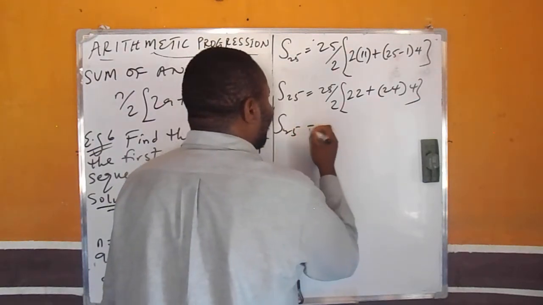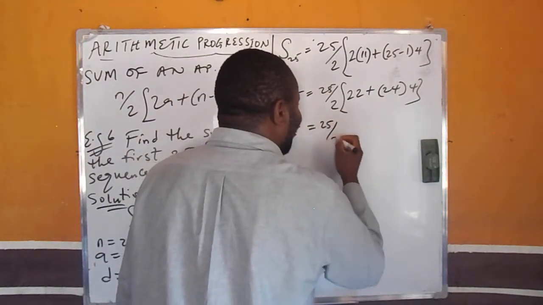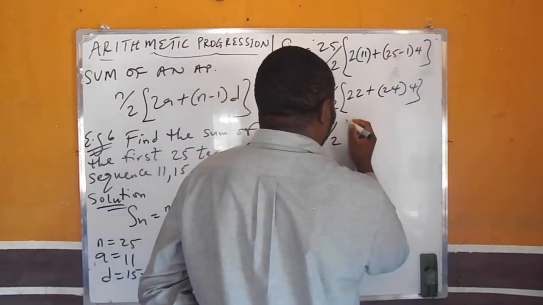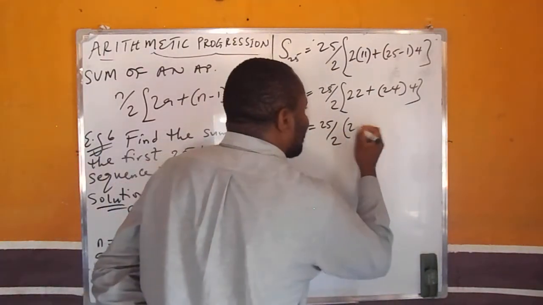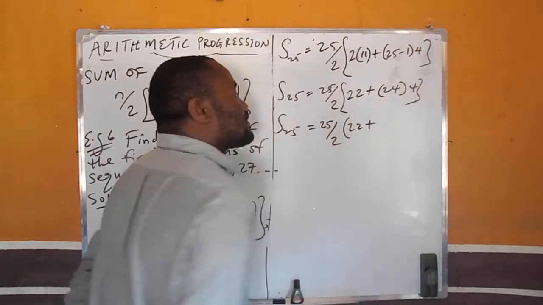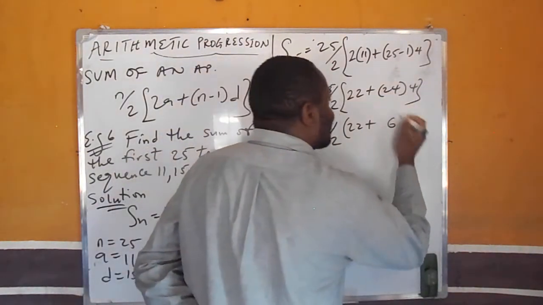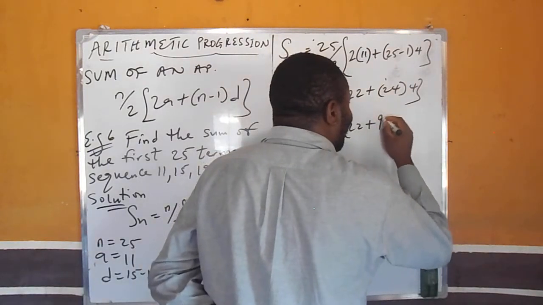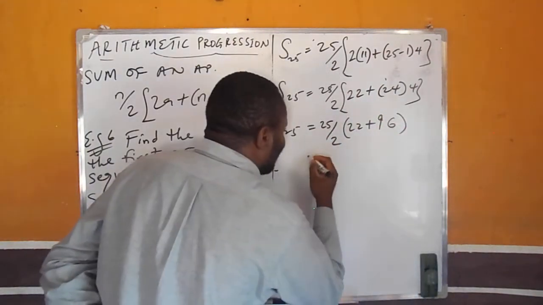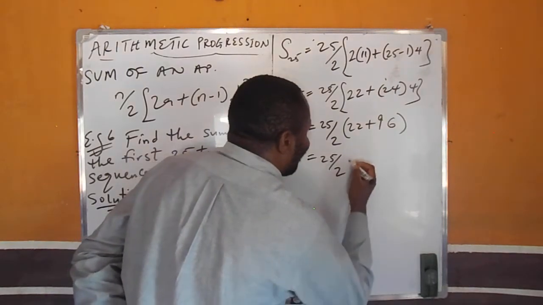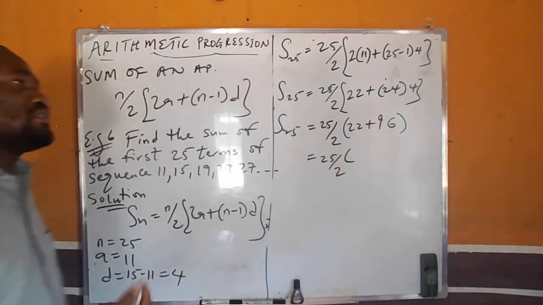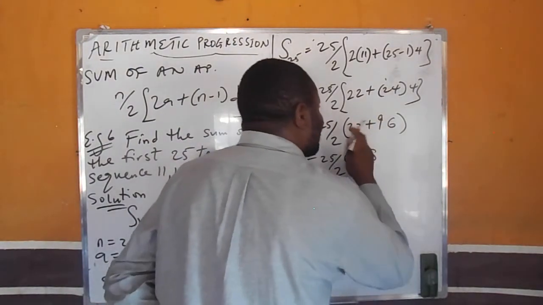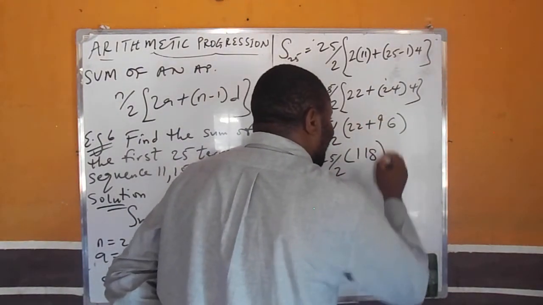So 25 all over 2 in bracket 22 plus 24 times 4, which is 96, which equals to 25 all over 2 in bracket 22 plus 96.